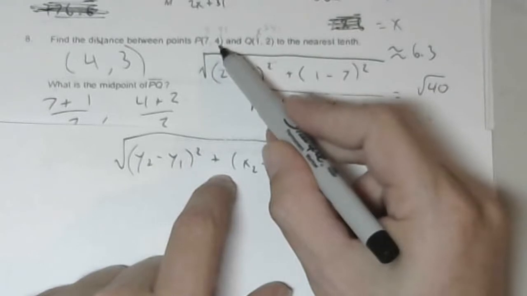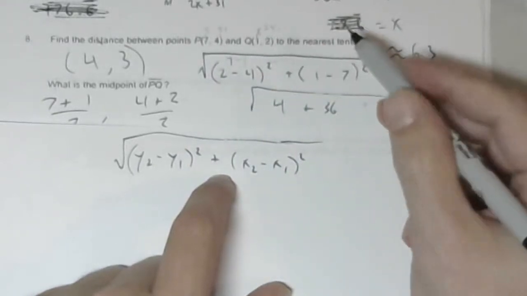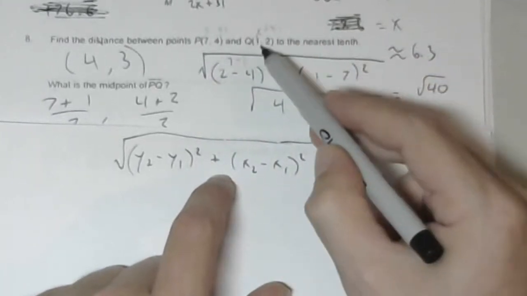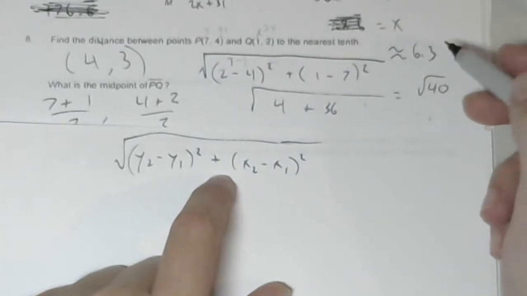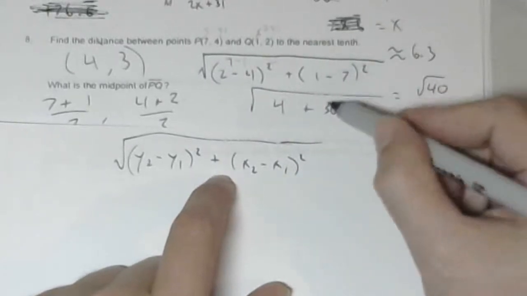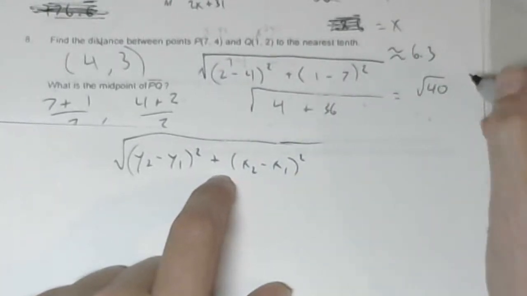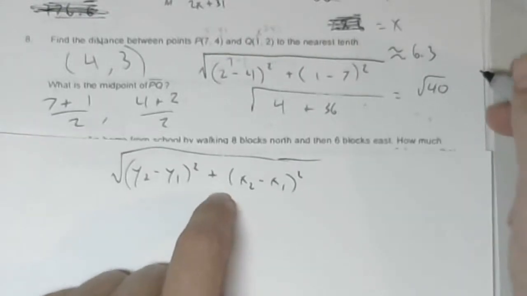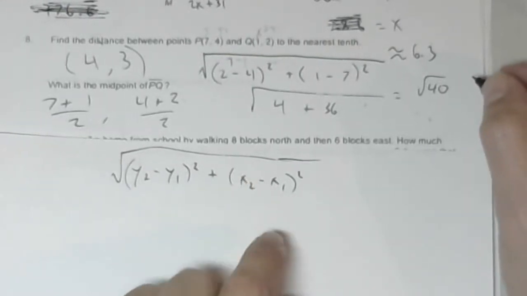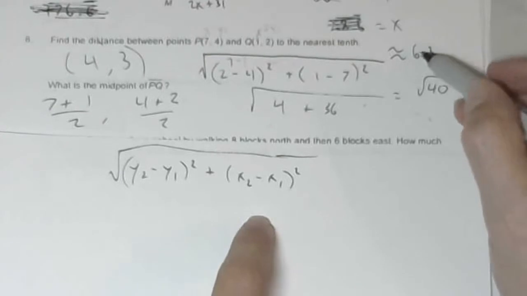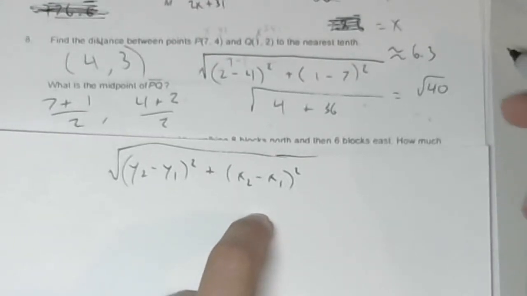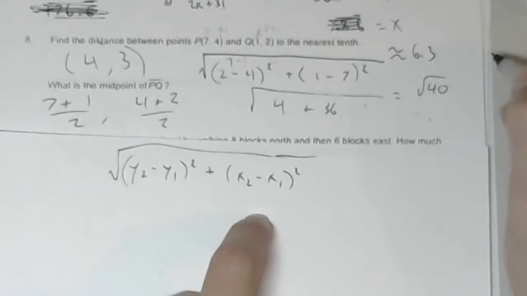Two minus 4 is negative 2, squared is 4. 1 minus 7 is negative 6, squared is 36. 4 plus 36 is 40. Square root of 40 is approximately equal to 6.3. You need a calculator for that. If they want an exact value, it's going to be irrational.